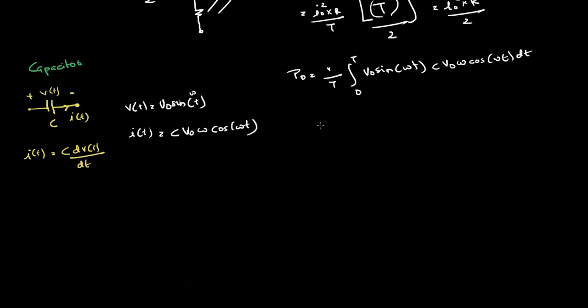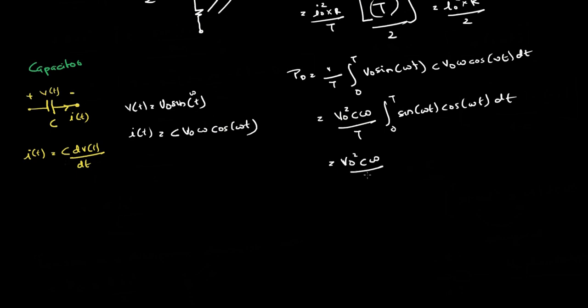This we can write as V0 squared C omega by T integral 0 to T sine of omega t cos of omega t dt. It's equal to V0 squared C omega by T integral 0 to T sine of 2 omega t by 2 dt.